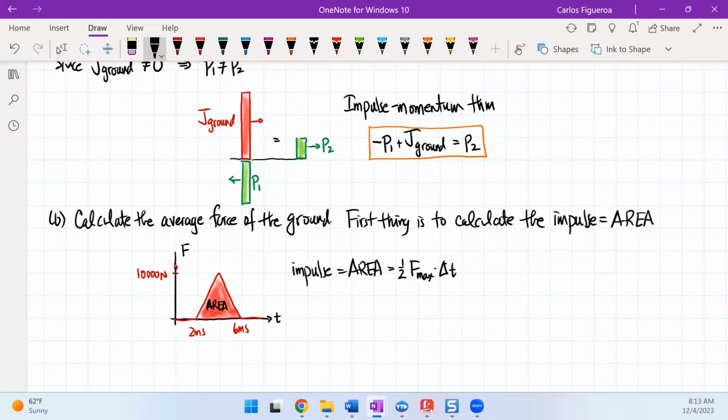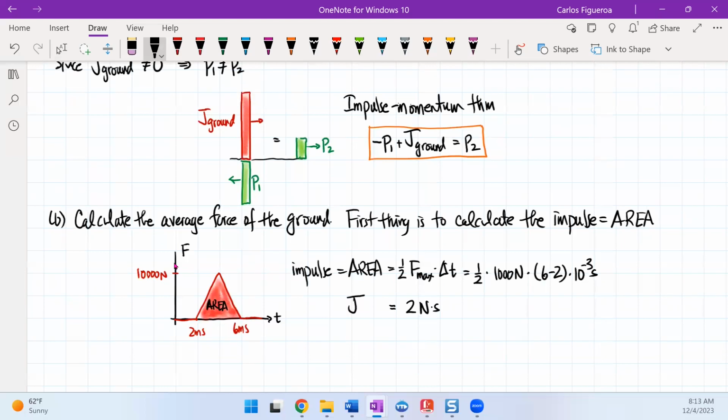So if I plug in my numbers, this is going to be 1/2 times 1,000 newtons times 6 minus 2 milliseconds. If I plug this in, I'm going to get a value for the area that's 2 newton seconds.